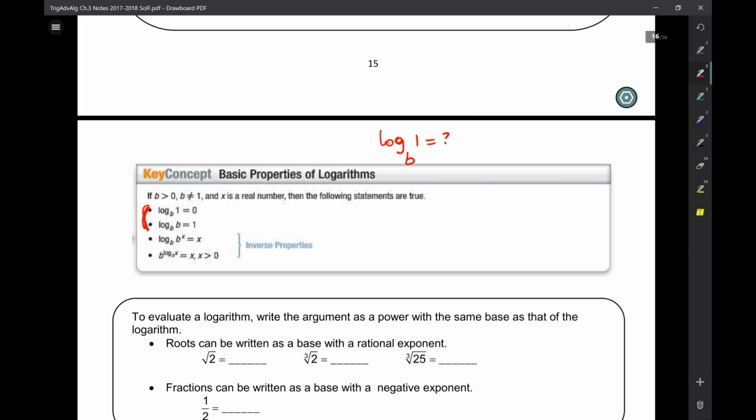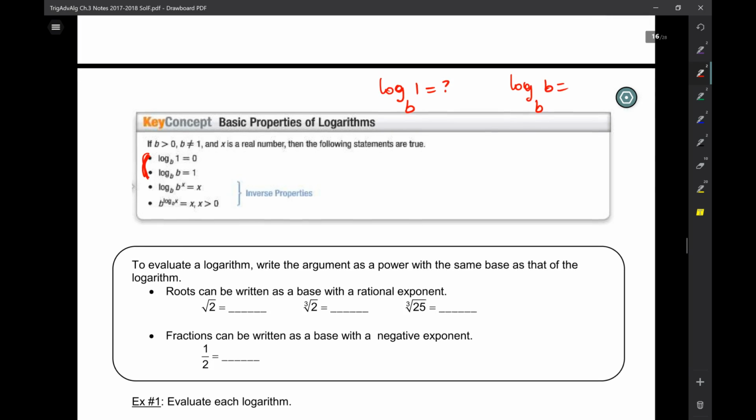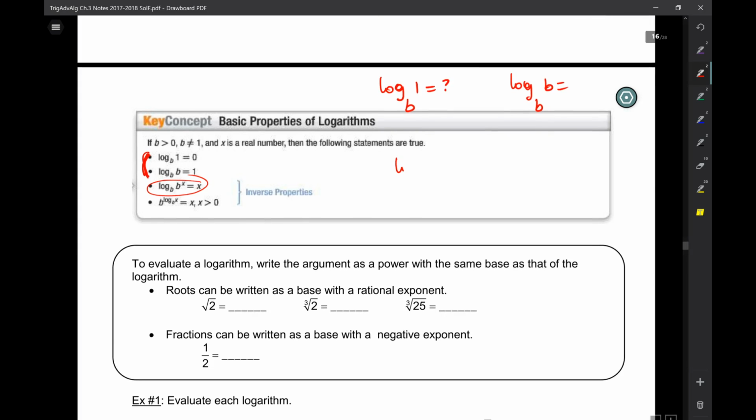You see that? So the next property is log base b of b. What should you have? The exponent of b should be a 1 in order for you to get a b. Okay? Take a look at this one now. Log base b of b to the x equals what? This number is the exponent, right?